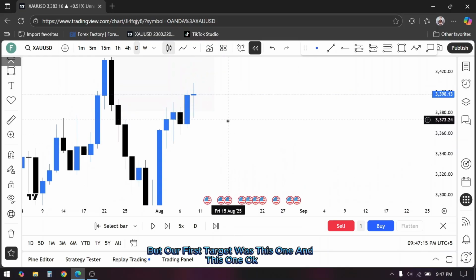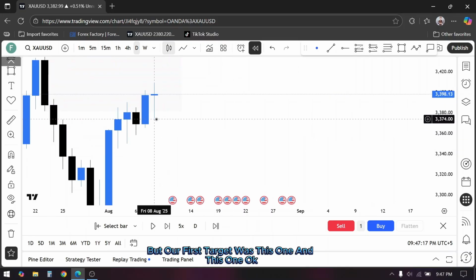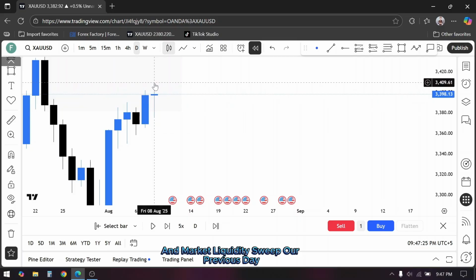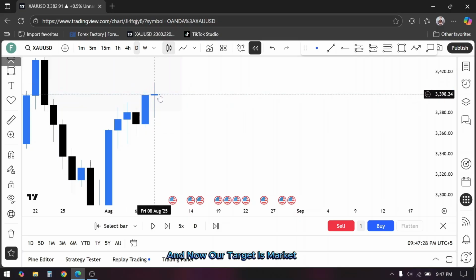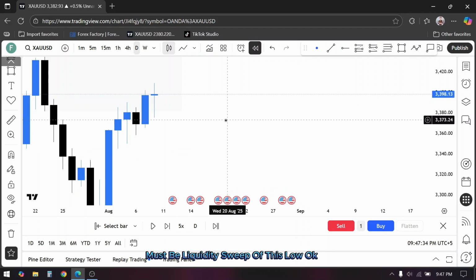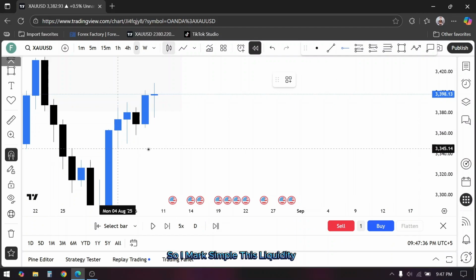But our first target is this one and this one. Because the market swept our previous day's liquidity, and now our target is that the market must sweep the liquidity of this low. So I simply mark this liquidity.